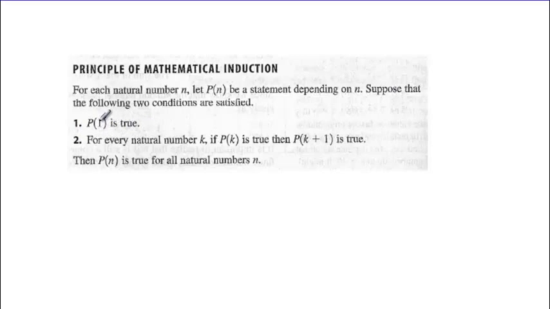First, it's true for the first natural number, which is 1, and second, we can show that if it is true for every natural number k, then it's also true for k plus 1. Then we can conclude that it is true for all natural numbers n.